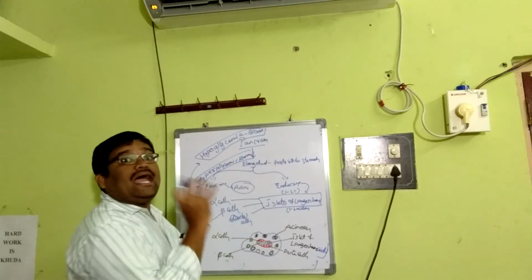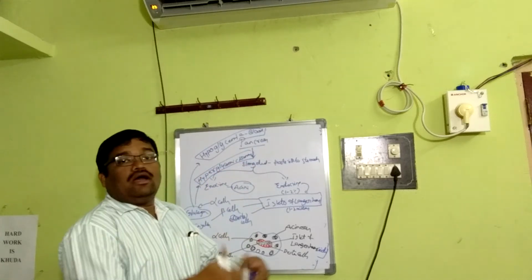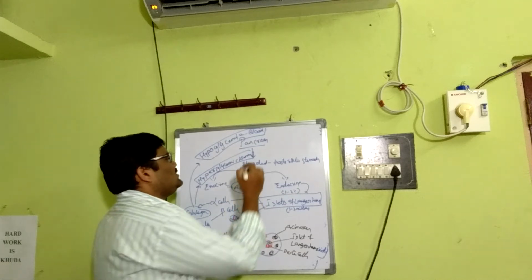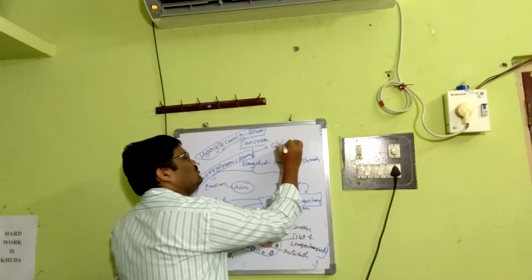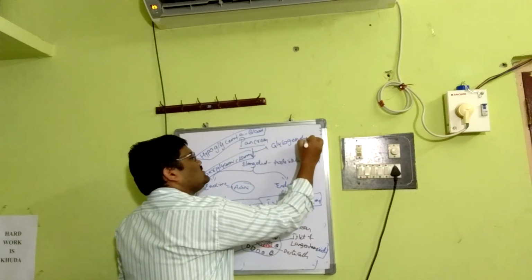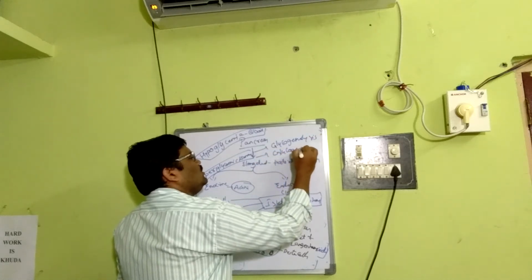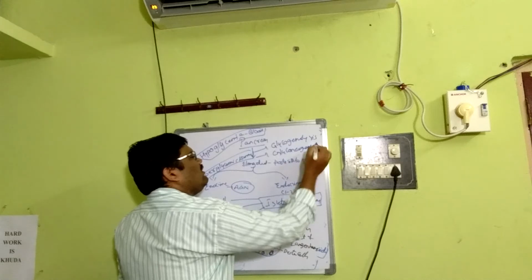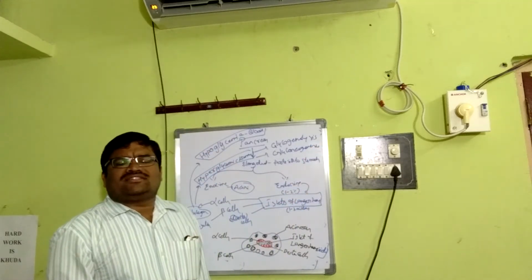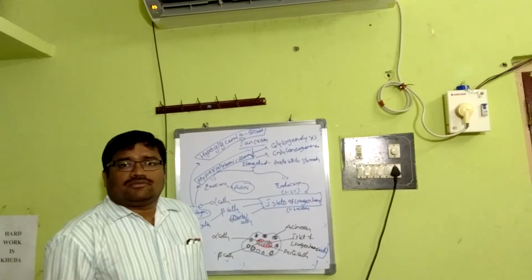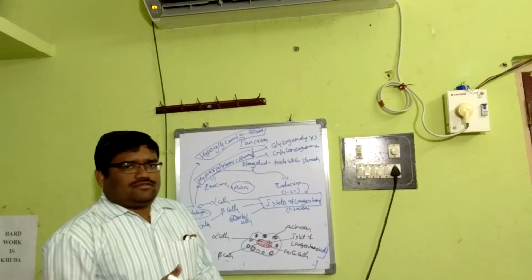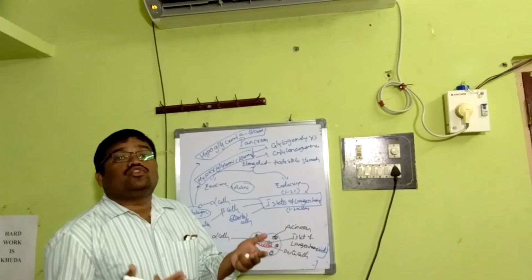So glucagon is a hyperglycemic hormone. How? Simply by means of glycogenolysis and gluconeogenesis. We discussed in the previous classes that gluconeogenesis is the synthesis of carbohydrates from non-carbohydrate sources, for example amino acids and fats.